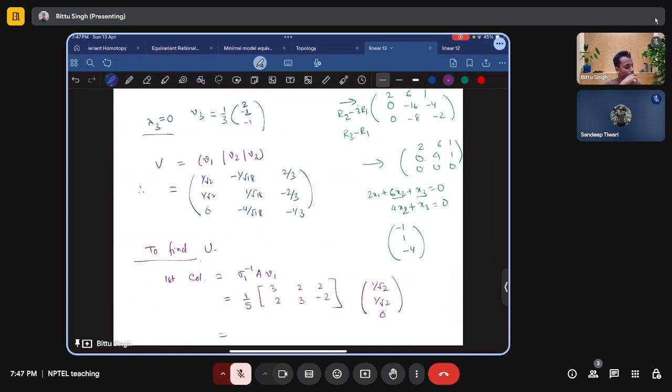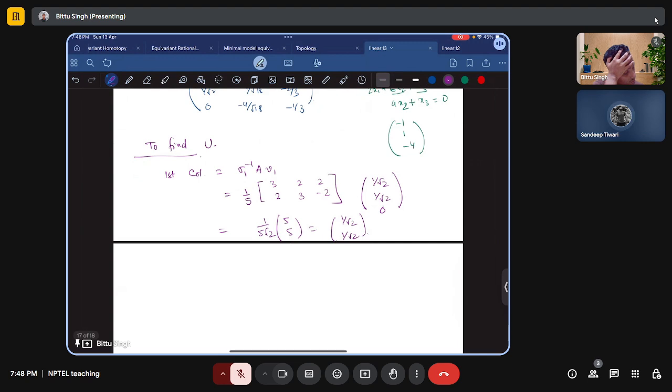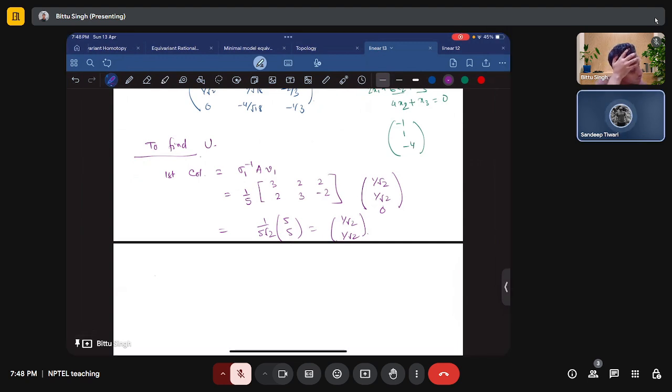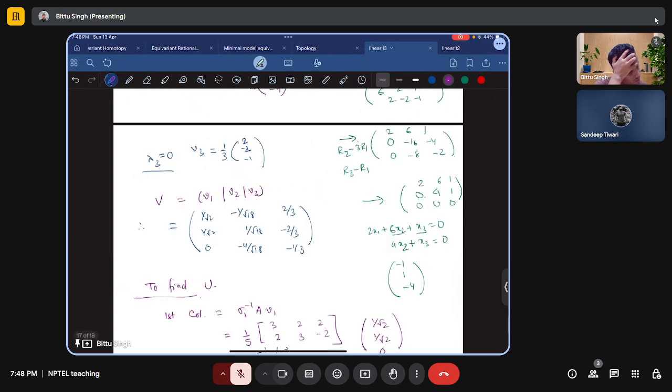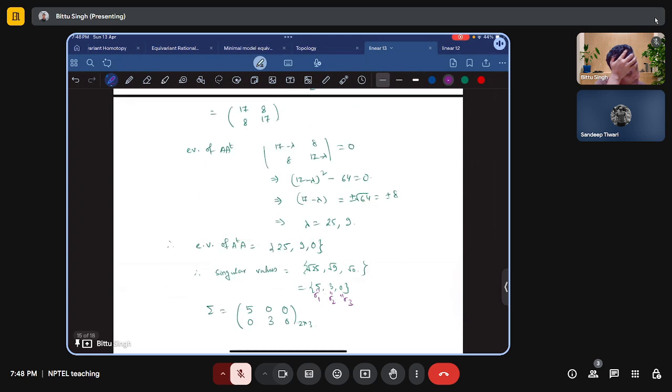So we need to add the first two columns. That is 5, 5, and 1 by 5 root 2 times that gives 1 by root 2, 1 by root 2. Sigma 1 is the square root of the eigenvalues of A transpose A. Okay, singular values.